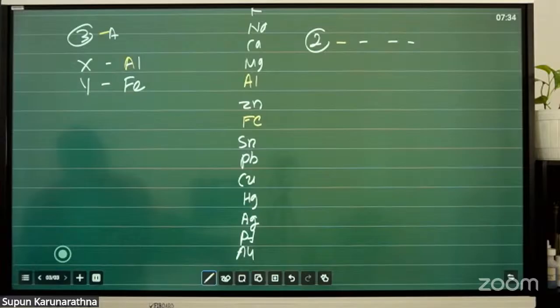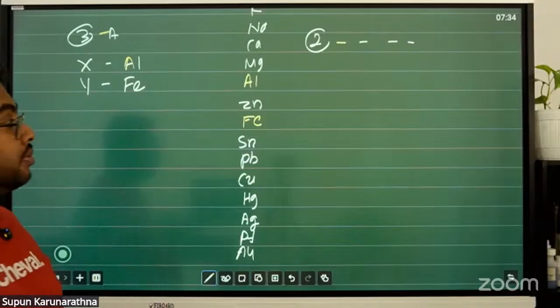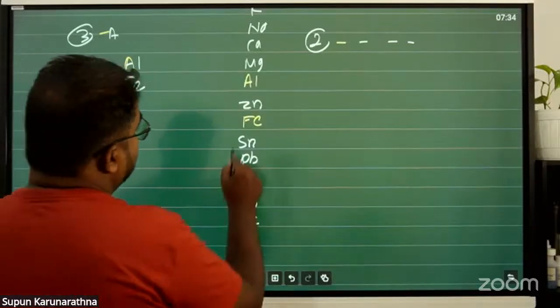What is the technical method that we use to extract iron? Tell me your answer. We are using a blast furnace. Reduce their compounds, yes, good. Reduce their compounds.